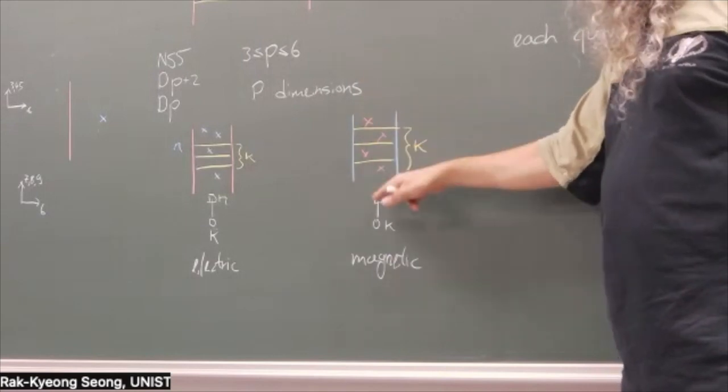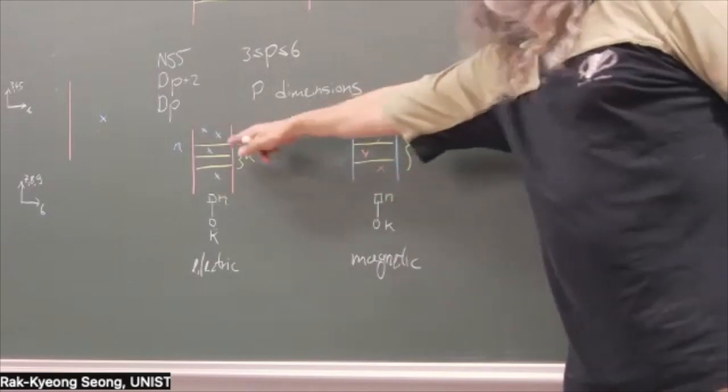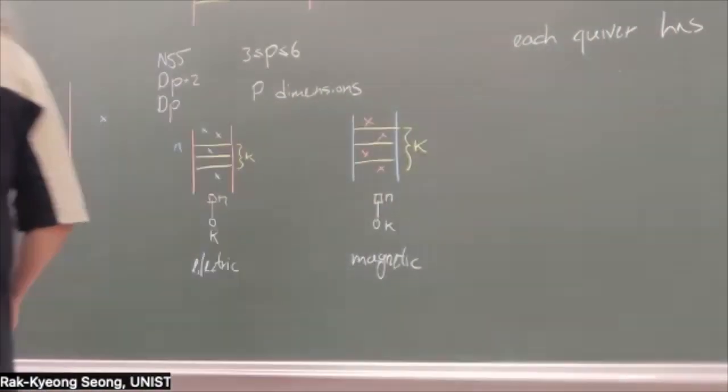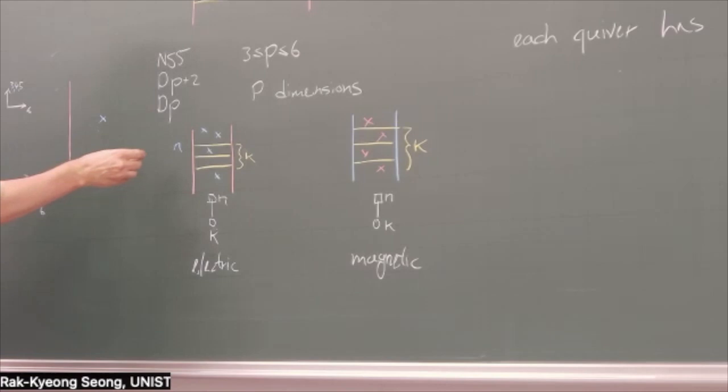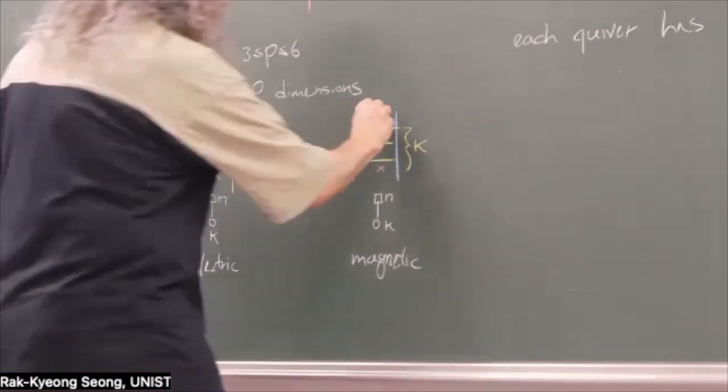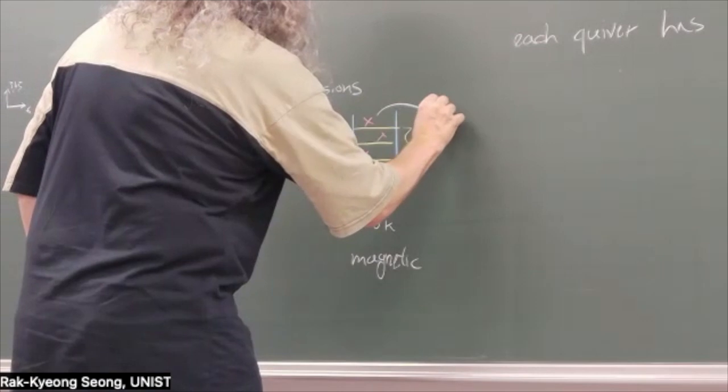The reds can be anywhere, the blue can be anywhere. And so those positions of blue are masses. And positions of red are parameters.